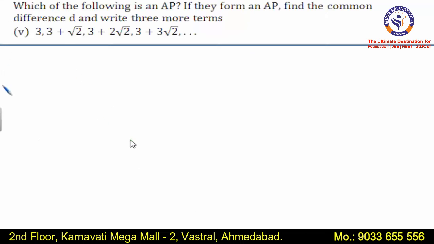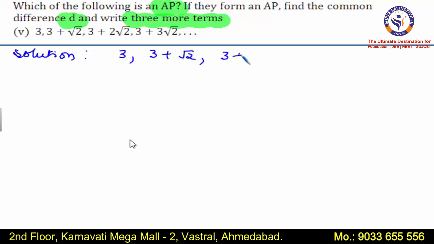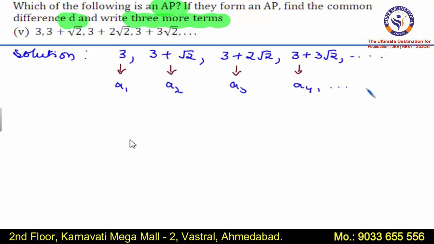This question says, which of the following is an AP? If they form an AP, find the common difference d and write 3 more terms. Beginning with the solution. The given list of numbers is 3 plus root 2, 3 plus 2 root 2, 3 plus 3 root 2, and so on. Let us denote the given list of numbers by A1, A2, A3, A4 and so on.